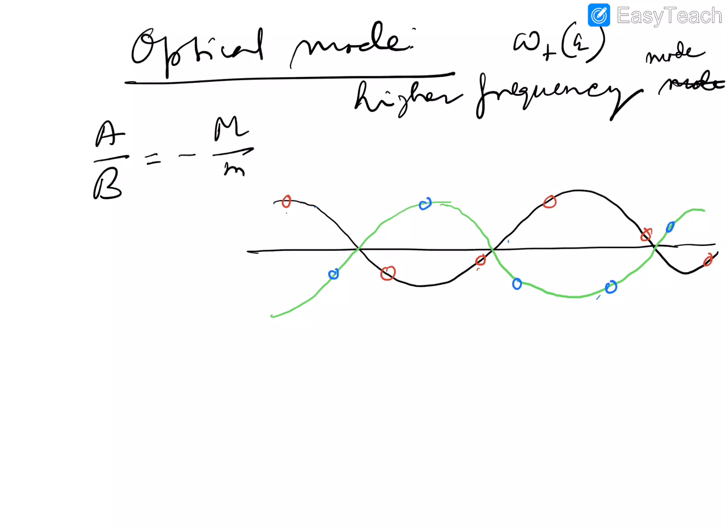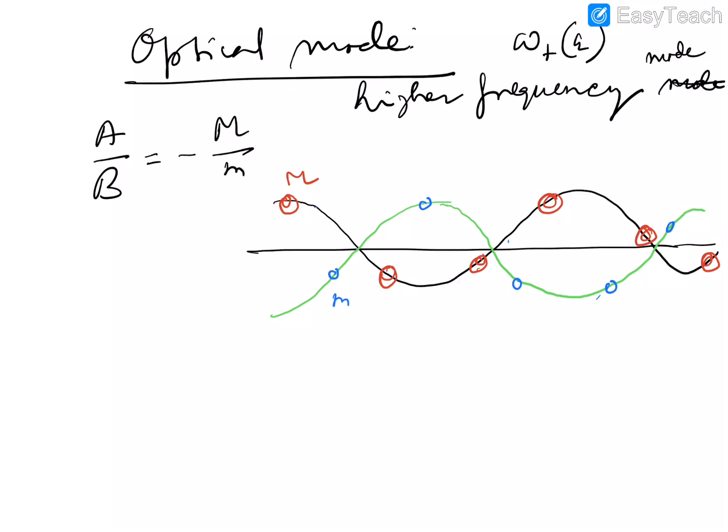Okay, so that means the red ones are the bigger ones, right? You remember I've just not drawn it properly, I think. So these are the mass M, and this is the small mass m, so that means they're vibrating opposite to the phase.